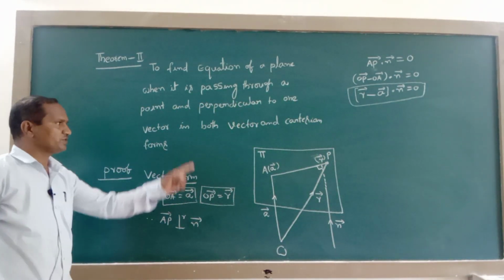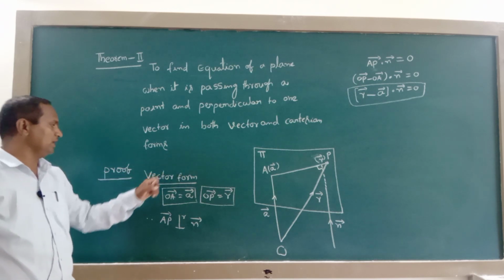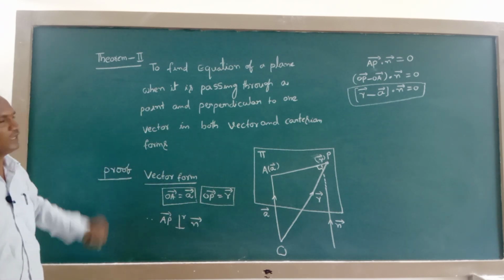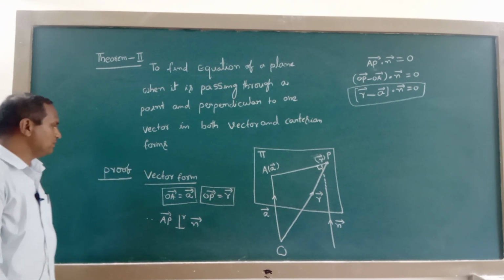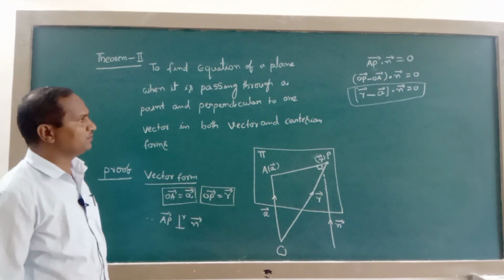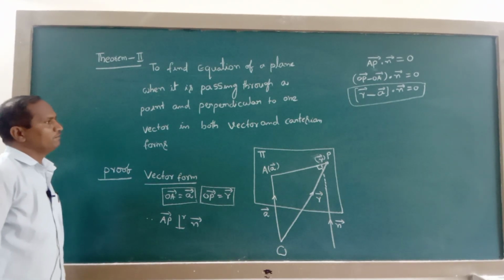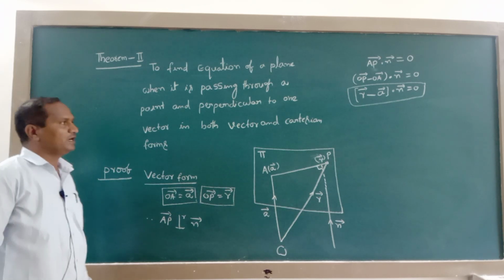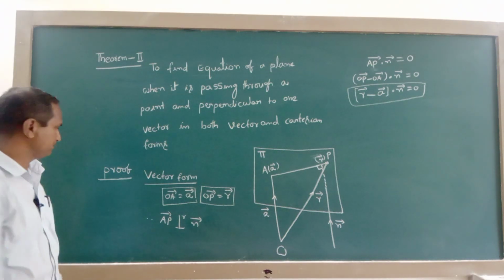That was the procedure for the vector form of the equation of a plane. Next, let us discuss the Cartesian form of the equation of a plane when it is passing through a point and perpendicular to one normal.